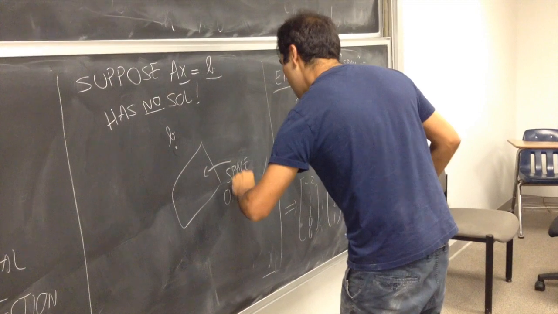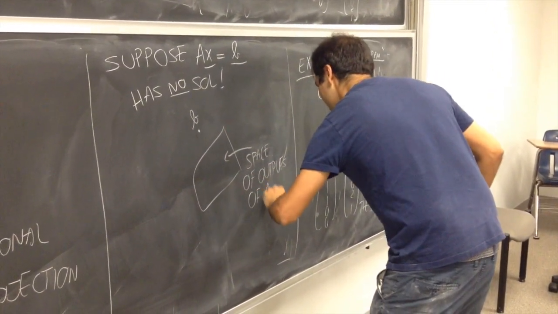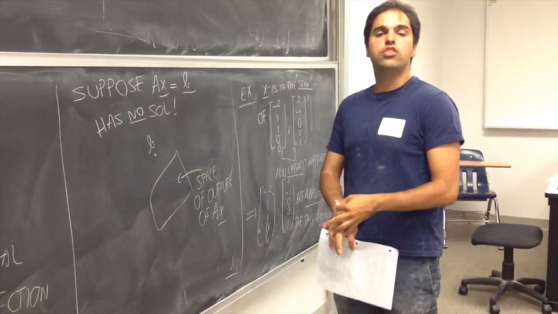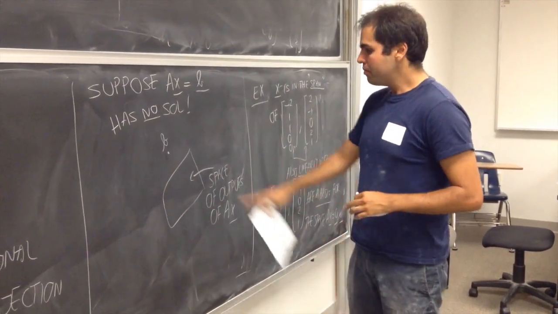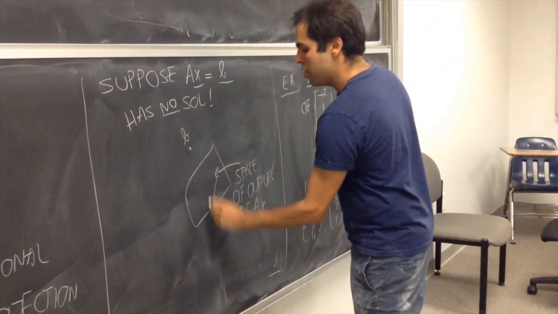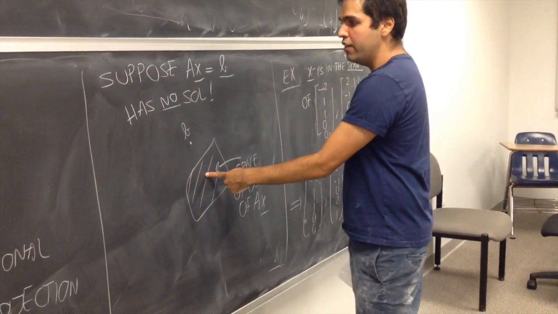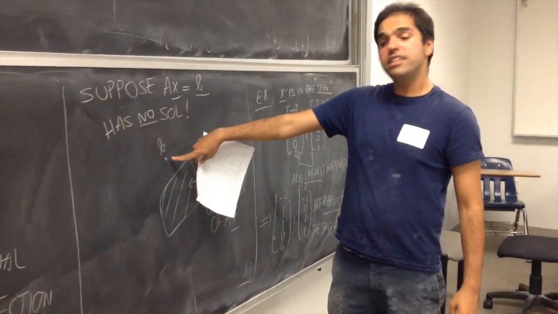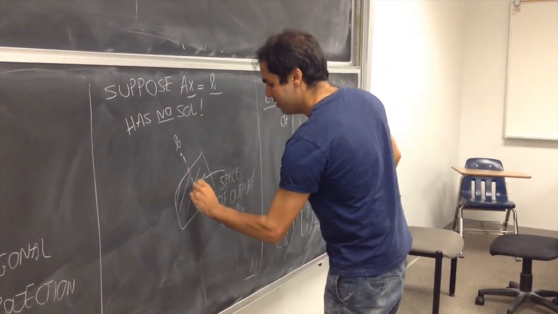The space of outputs of A of x is called the column space, and it's just the set of all values of A of x whenever x is in R^n. Because b is not in our desirable space, and a vector is in this space if and only if Ax equals that vector has a solution, if b is outside of the space, one thing you can do is just project it.